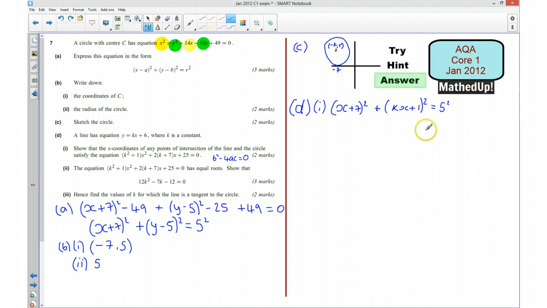Okay, so I'm now going to expand this out. It might be useful for you to pause the video and do this part yourself, but I'm just going to write down that this bit here will be x² + 14x + 49, and this bit here is going to be k²x² + 2kx + 1 equals, and I'm going to write that now as 25.